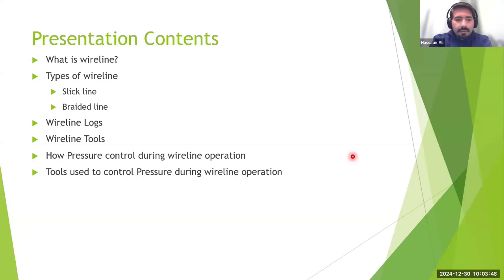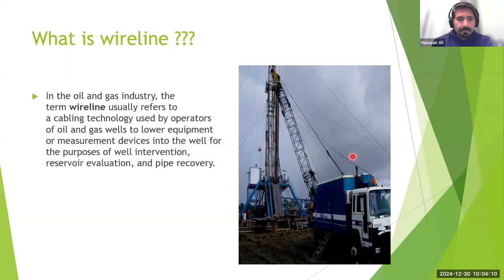And we're going to talk about different type of wireline units. I'm going to show you a lot of pictures of these units being operated out in the field, and then how pressure control is important during the wireline operation. And we are going to conclude on what we have learned in this presentation at the end of this session.